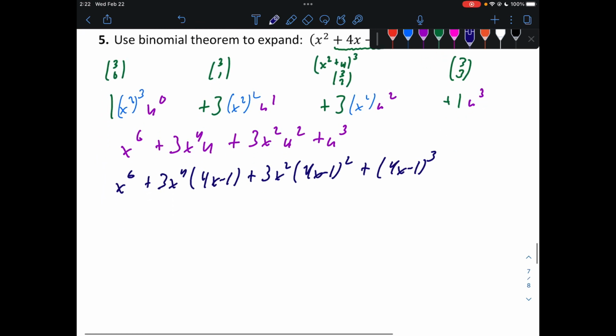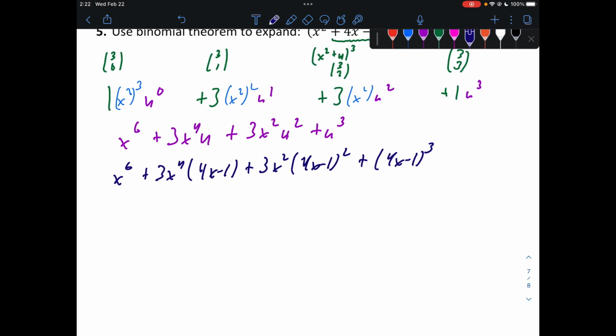All right, and then if we wanted to keep going, which we will a little bit more here, but we're not going to go all the way to the end, we can use our binomial expansions to expand these two as well. So we have x to the 6th plus, if I distribute the 3x to the 4th, that'd be 12x to the 5th minus 3x to the 4th plus 3x squared.